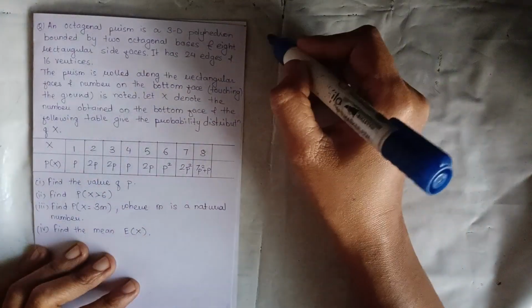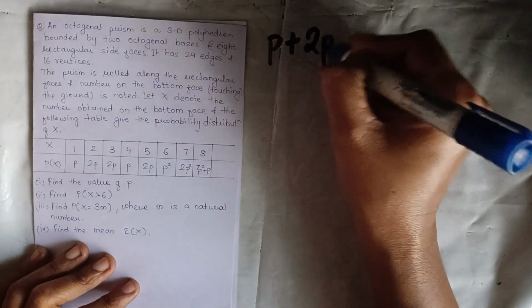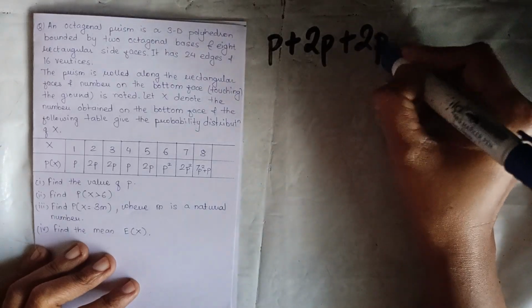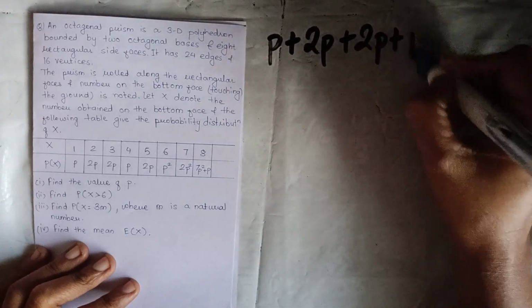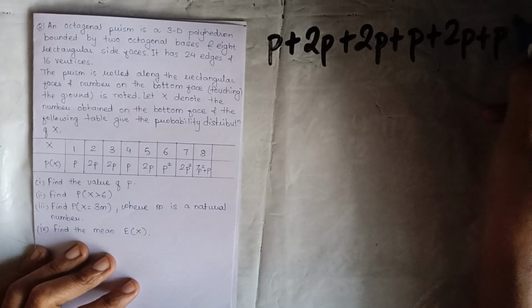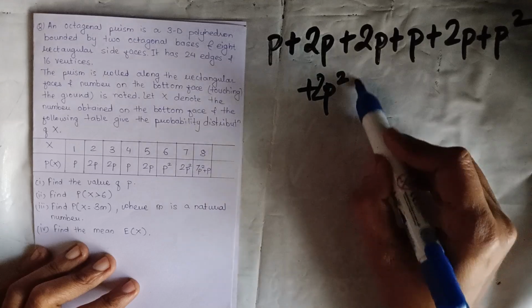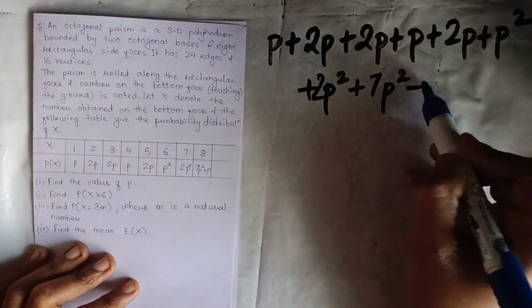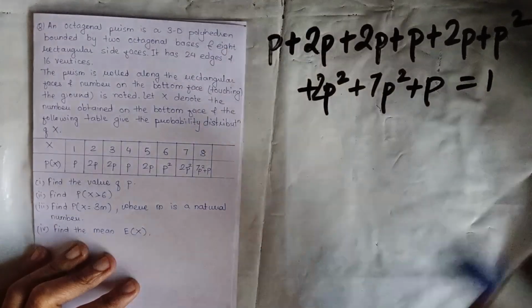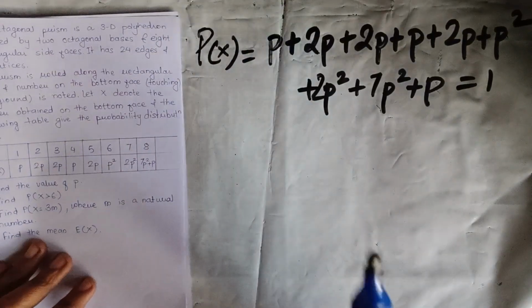So adding all the probabilities, we get P plus 2P plus 2P plus P² plus P² plus 2P² plus P equal to 1, because total probability is 1.